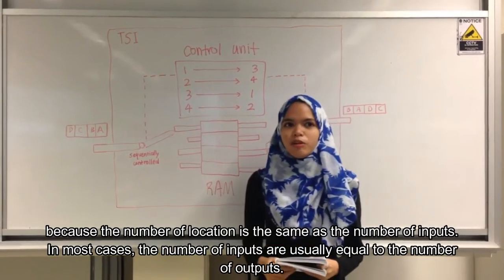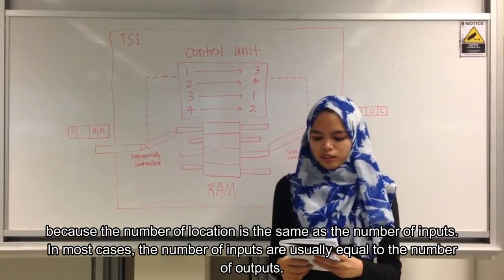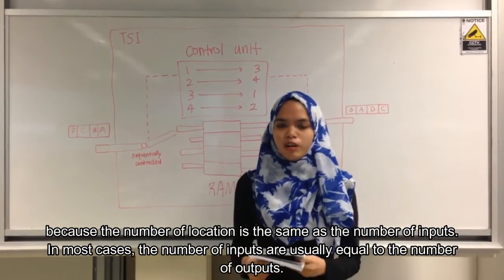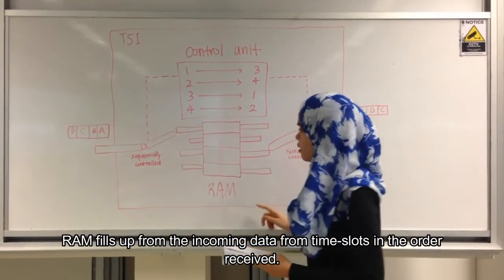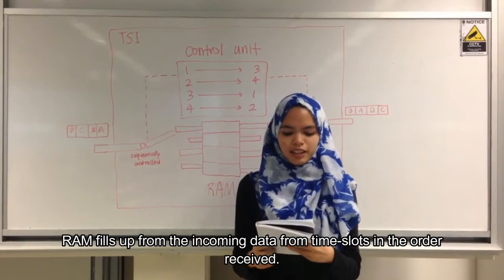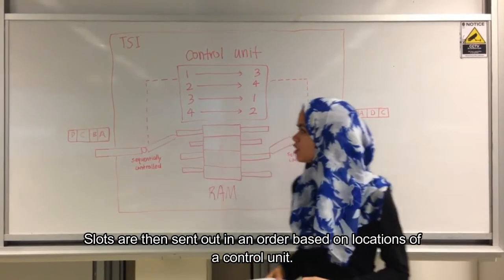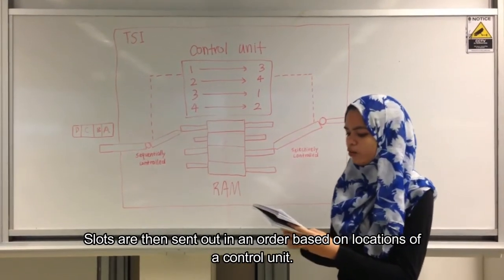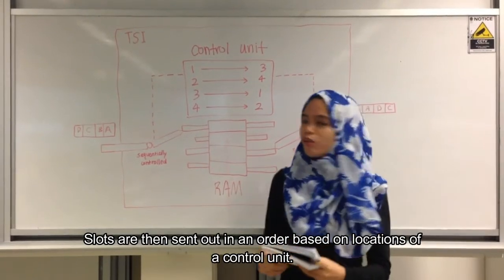In most cases, the number of inputs is usually equal to the number of outputs. RAM fills up with the incoming data from time slots in the order received. Slots are then sent out in an order based on the decisions of a control unit.